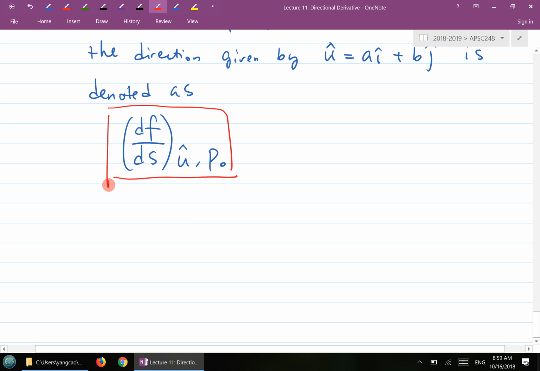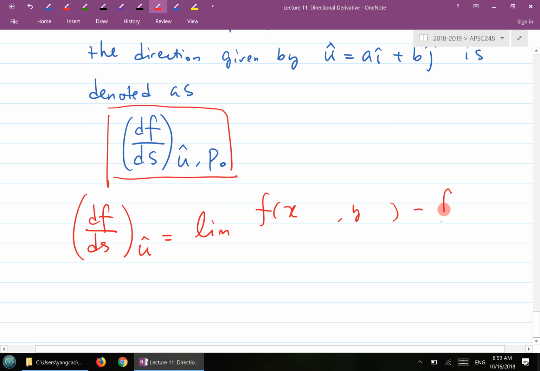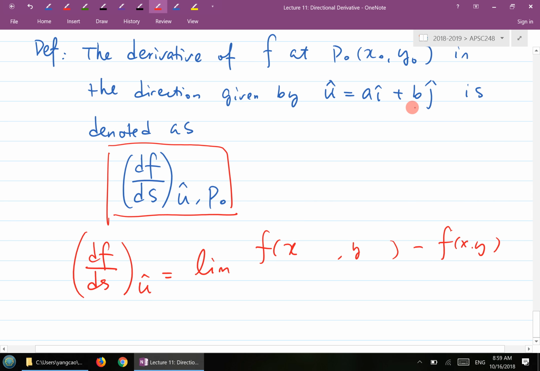If I wanted to relate it to the limit concept, we have a very similar formula using limits. And this is the idea. You're initially at the xy location, and now we're going to move in the direction given by u hat.